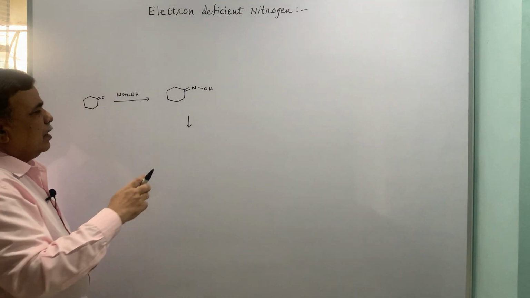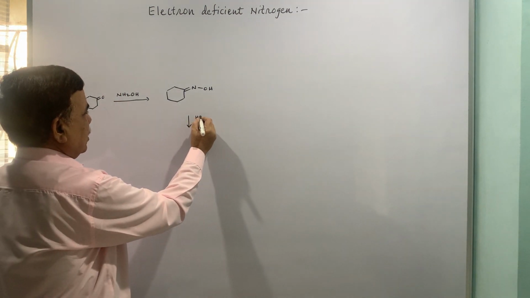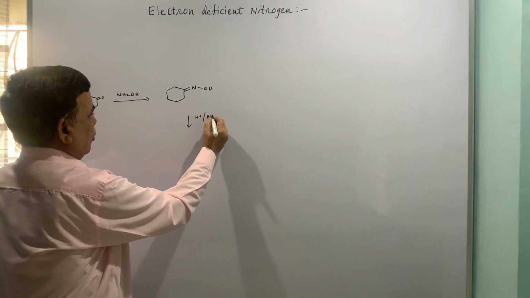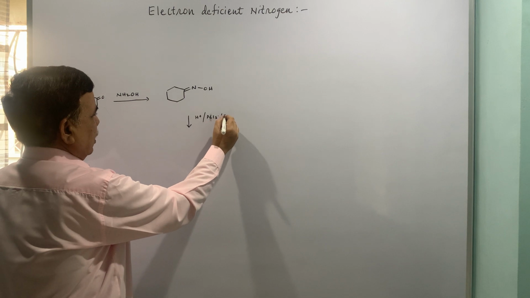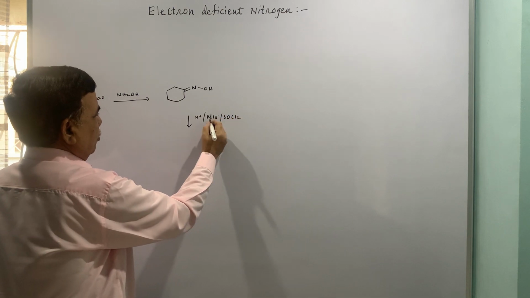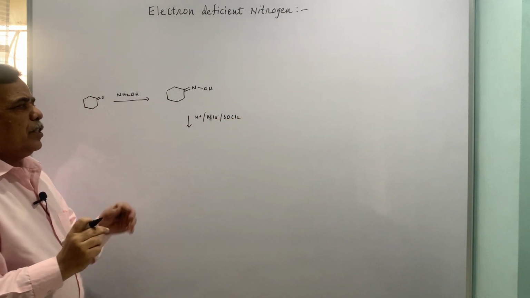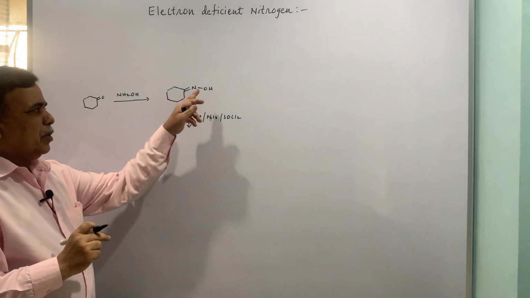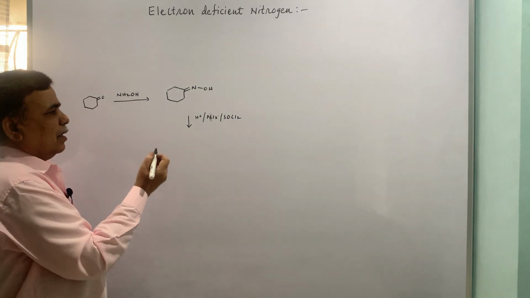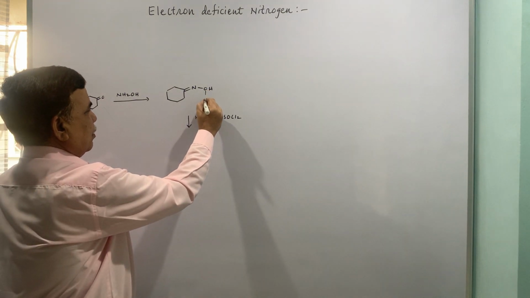Now when this is treated with H plus or PCl5 or SOCl2, the role of these two reagents is to convert OH into a good leaving group like Cl. The role of H plus is to protonate this, and that is how it becomes a good leaving group.